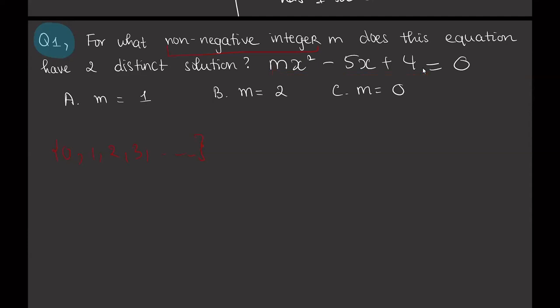So only some of them can satisfy this condition. Can you try to find m such that this equation here has two distinct solutions? I will give you 3 minutes to think about it. So I will take it up at 3:19.